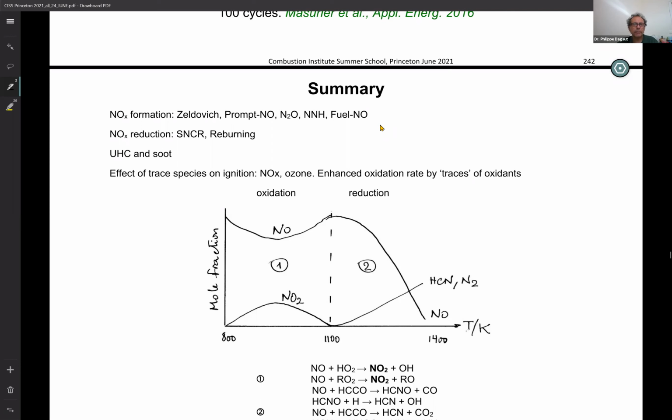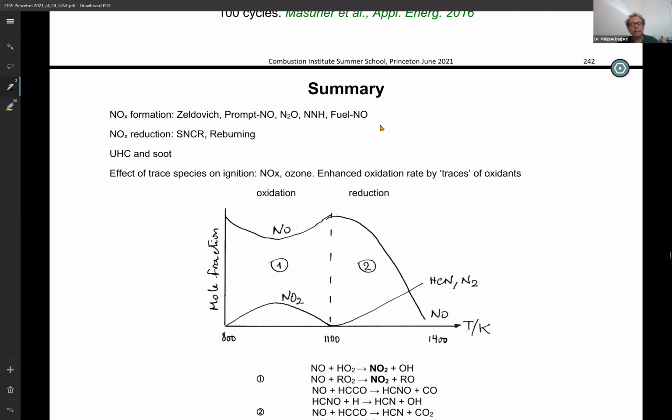And acetylene can be intermediately produced during the oxidation of ethylene, and ethylene itself can be produced by the oxidation of propylene, but also of saturated hydrocarbons, because it's a ubiquitous intermediate during the oxidation of most of the hydrocarbons.